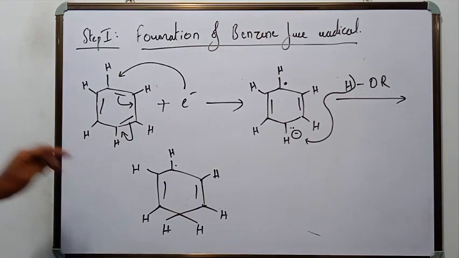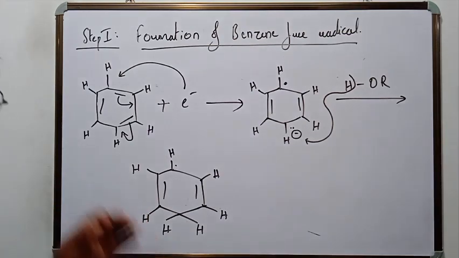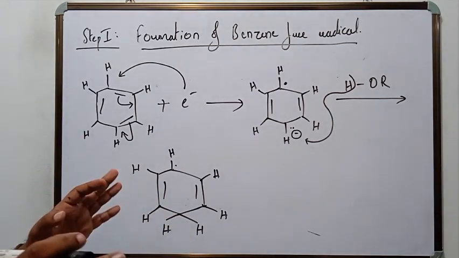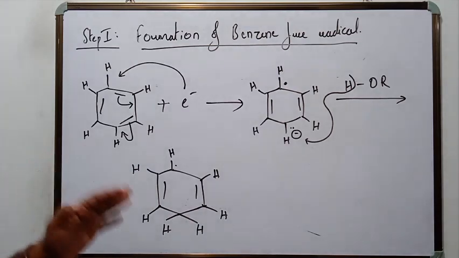Now, as I said already, the electron is not bound to solvent molecule. It is just loosely associated with solvent molecules, right? Somewhat, the electron's negative charge has diminished. So it is not a permanent resort for stabilization. It is just a temporary resort for stabilization.